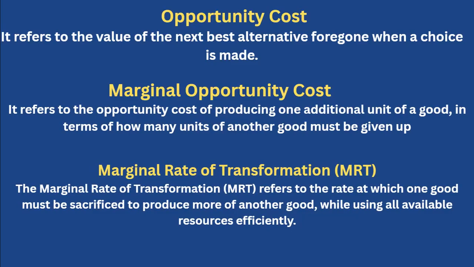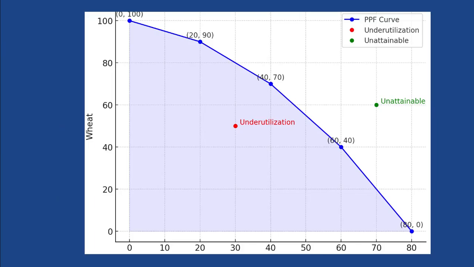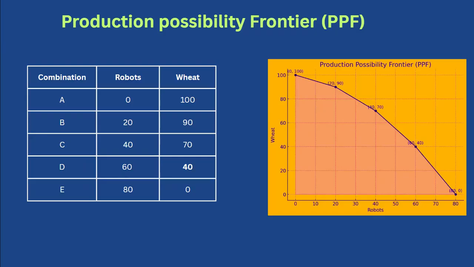And let's see the opportunity cost. It refers to the value of the next best alternative foregone when a choice is made. So you are going for the next best alternative. You are reducing the wheat production and you are increasing the robot production, right? That is called opportunity cost. See, wheat is giving up. 10 tons is giving up, then you are able to make 20 units of robot.